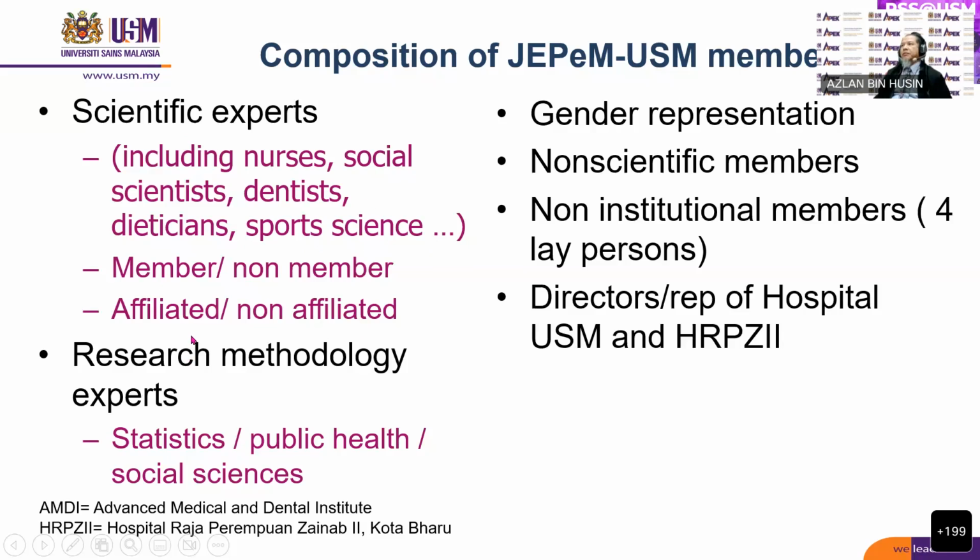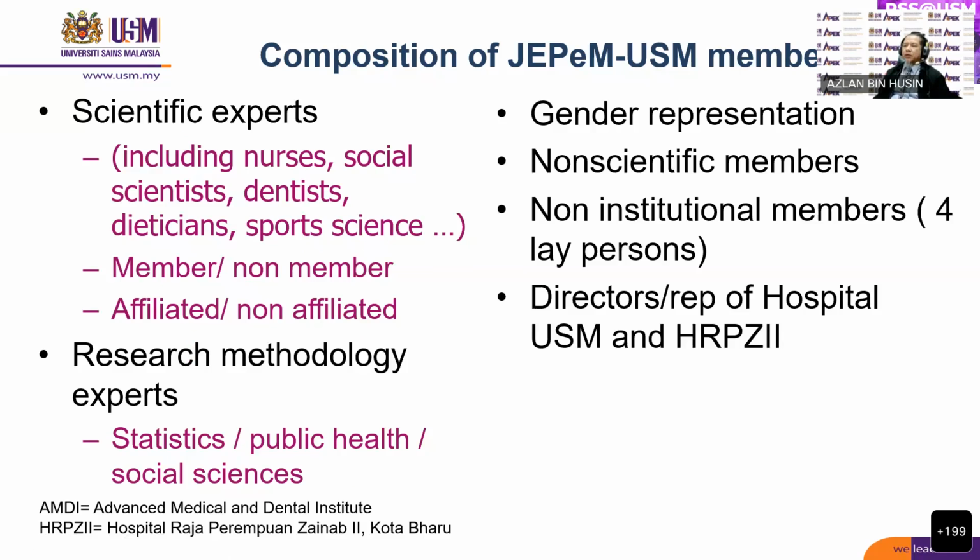We have a few members from a few other universities and research centers in Malaysia. And we also have a few members who are experts in research methodology. At the moment, it's mainly coming from the School of Medical Sciences and the School of Health Sciences.